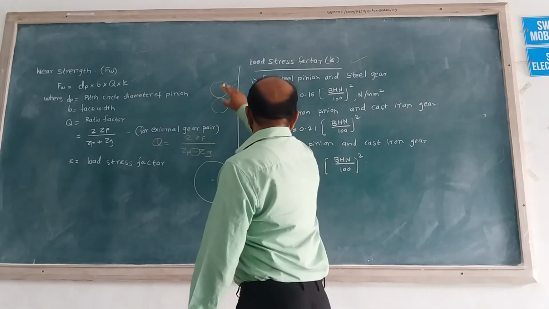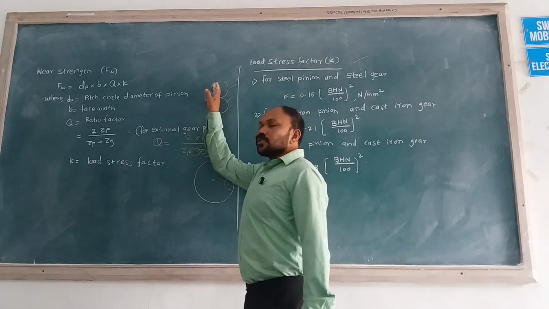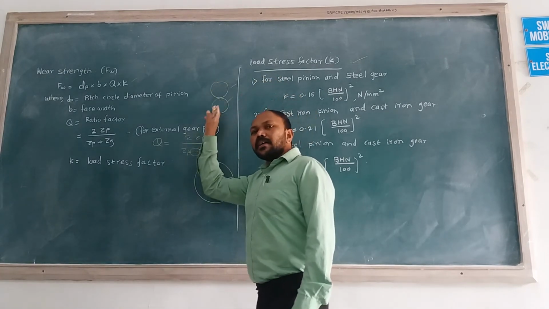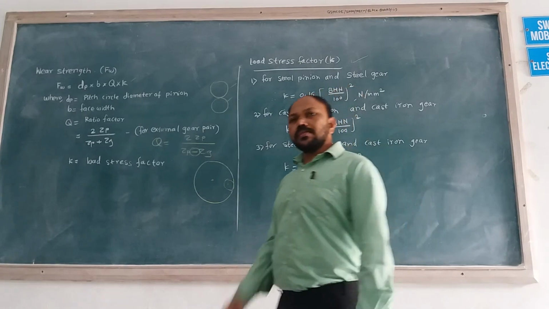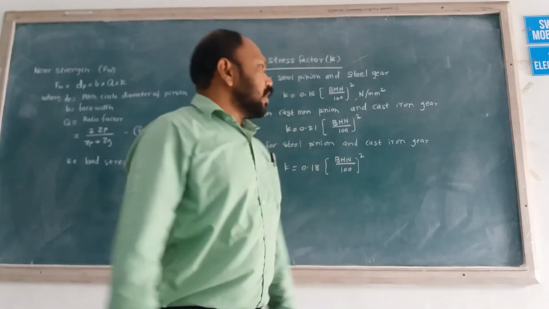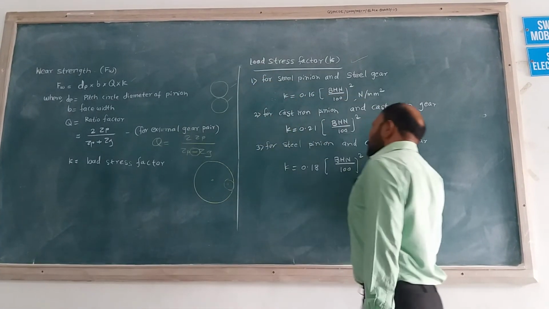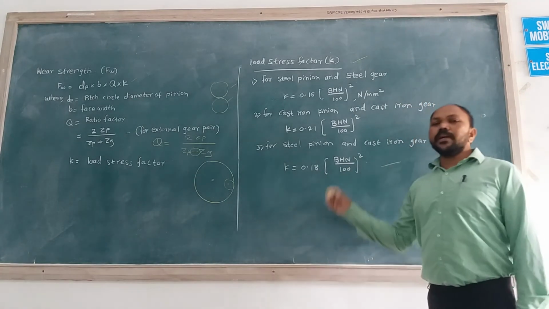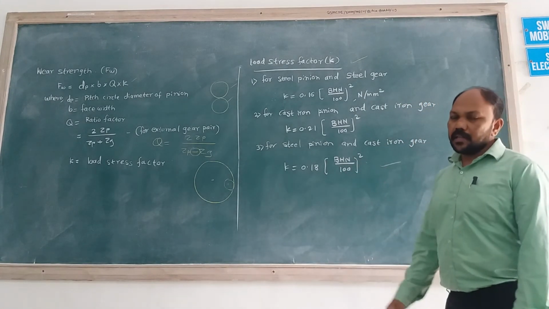For steel pinion and cast iron gear, or steel gear and cast iron pinion, either condition, K is equal to 0.18 into (BHN upon 100) squared.